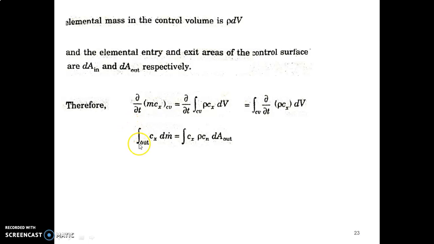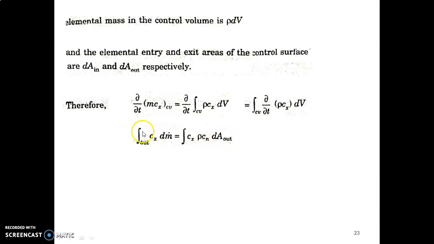Now for the outward flow we will also change the expression in terms of density. So the integral over the outward flow of Cx dm dot is changed like this. This dm dot is the mass flow rate, and like in the previous derivation, we know that it is density into velocity into area. So dm dot will be converted to rho into Cn into dA out.